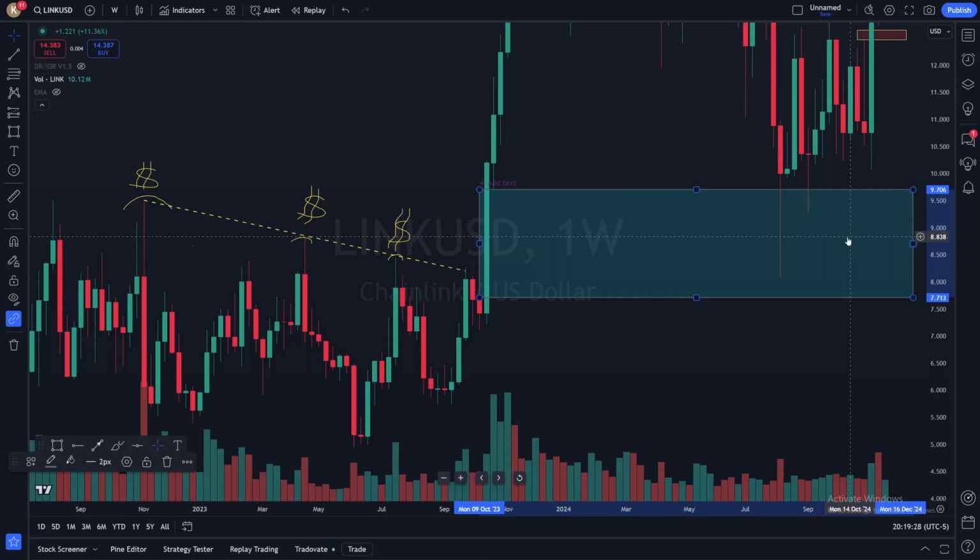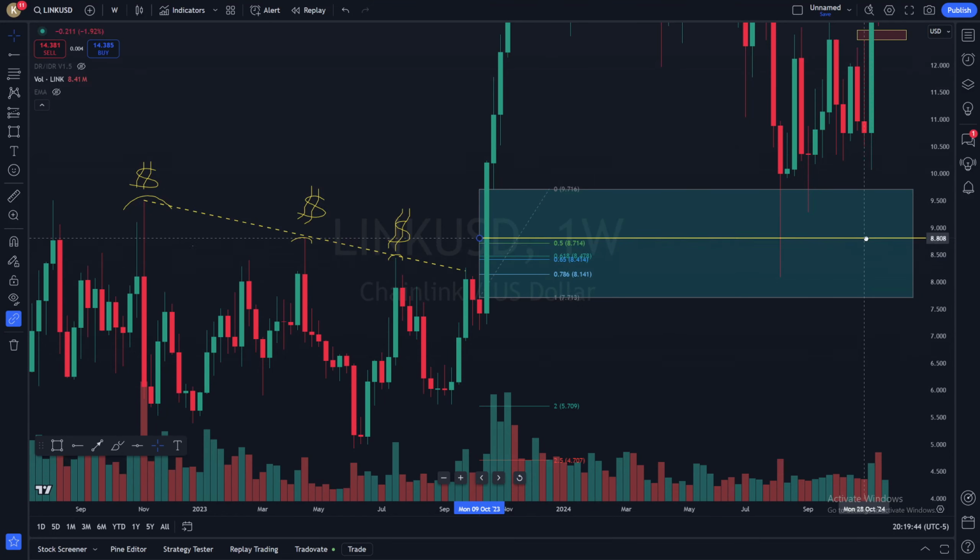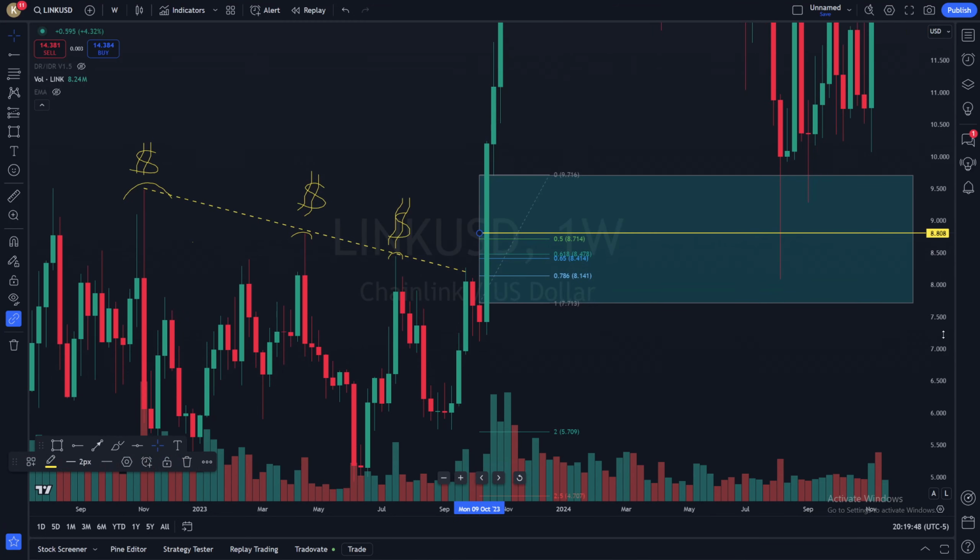I told the boys that I'm looking at a 50% entry on this fair value gap, or this displacement area. 50% was right around 8.7. I said, hey boys, get an 8.8, that way, in case we don't get filled, we make sure we get the fill in there. I usually look at the 50% retracement of this zone. So that's where I had recommended the boys to get in.